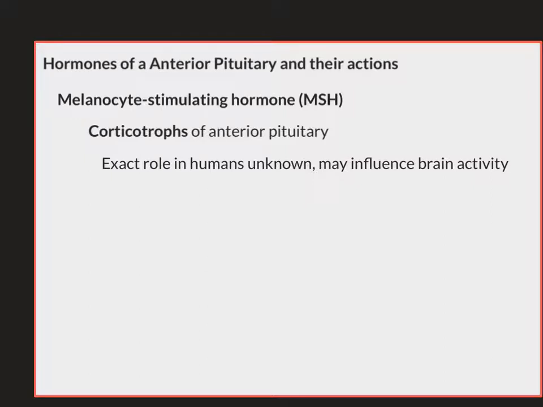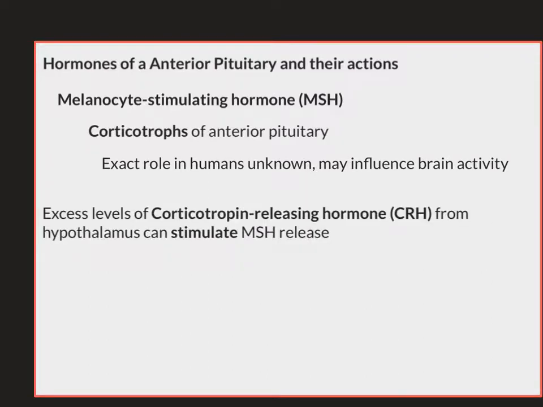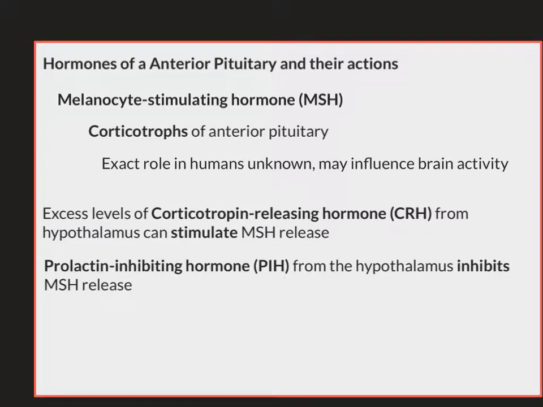Excess levels of corticotropin releasing hormone from the hypothalamus can stimulate the release of melanocyte stimulating hormone from the anterior pituitary, and prolactin inhibiting hormone from the hypothalamus can inhibit melanocyte-stimulating hormone release from the anterior pituitary.